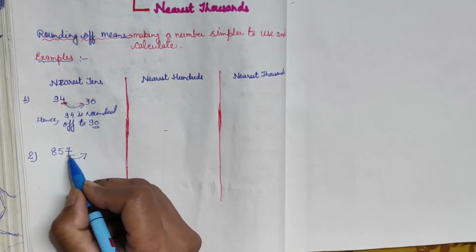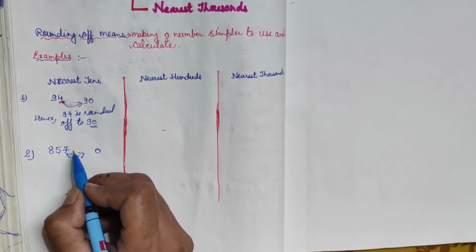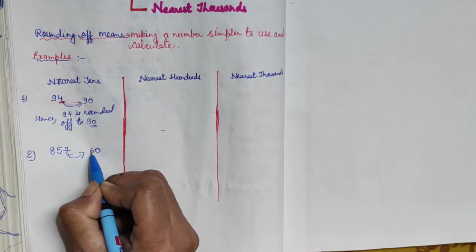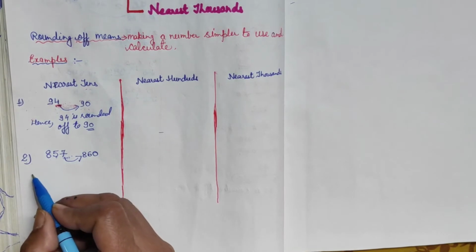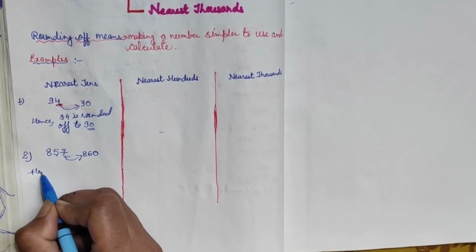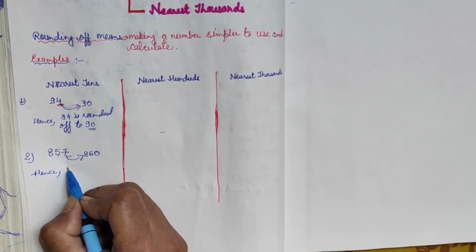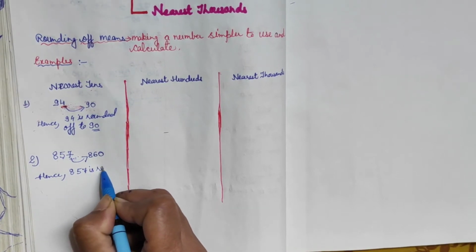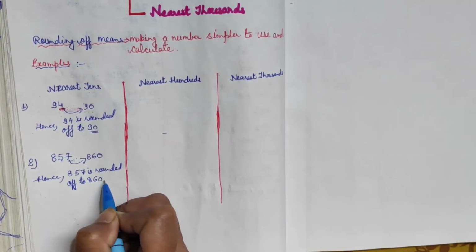So we replace 7 by 0 and write 6 at tens place, and 8 remains the same. Hence 857 is rounded off to 860.